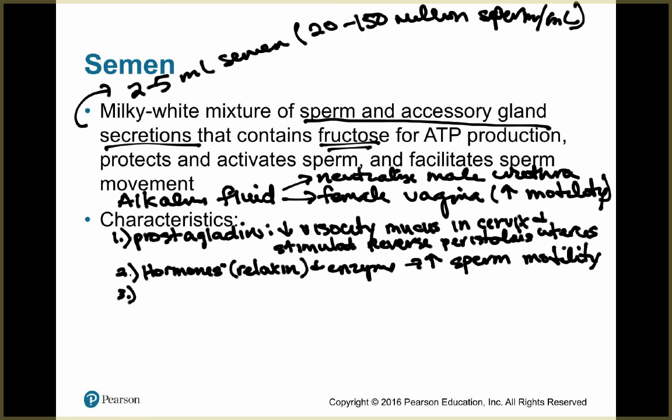It has ATP. That's important for energy production, right? And we talked about it comes from fructose. It has the ability to suppress the female immune system.